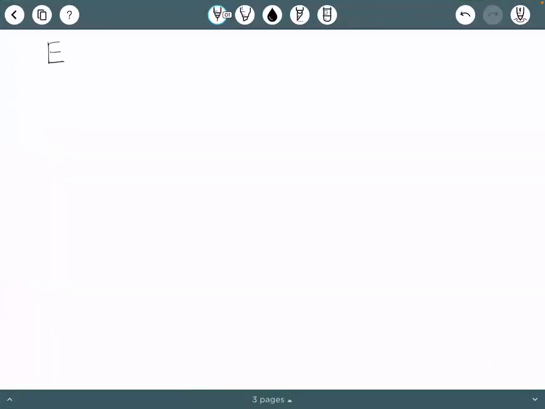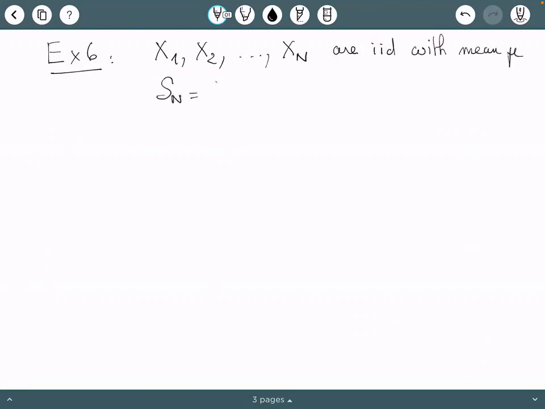Exercise 6. So x1, x2, up to xn are IID with mean mu, and Sn is equal to x1 plus x2 plus up to xn.